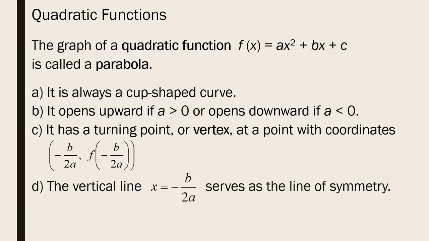And the vertical line x equals negative b over 2a will be the line of symmetry for the parabola. So when we graph parabolas, we're going to make sure that we can find that vertex because it's going to tell us something about the line of symmetry, and that will make it easier to graph the parabola.